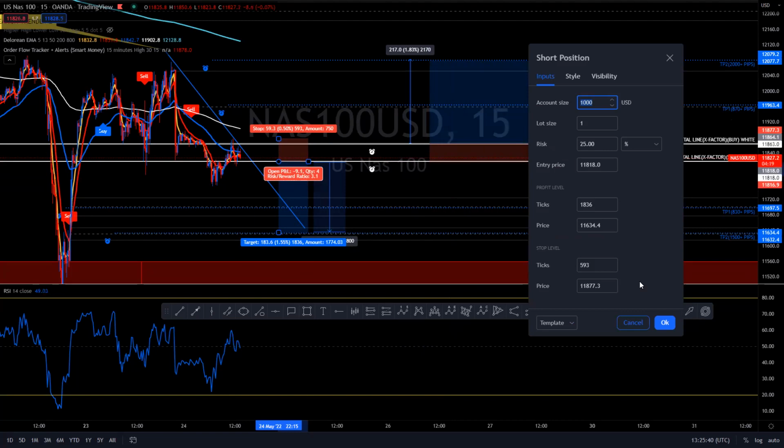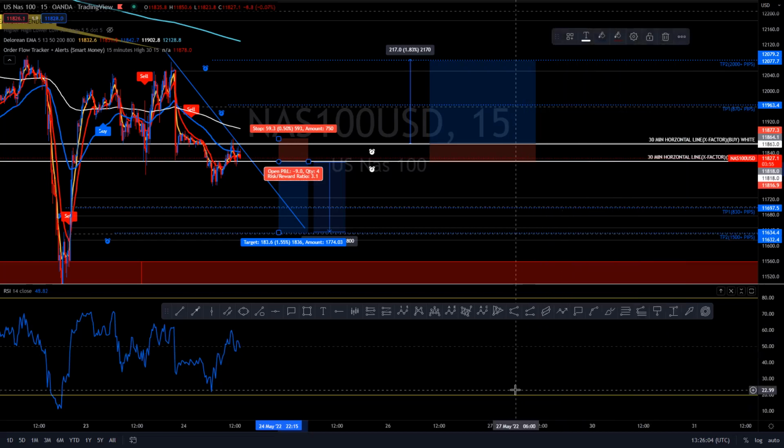Stop loss is 118,773. Take profit is 116,4.4. That's what I'm going to put in for now. I'm going to take it from there.